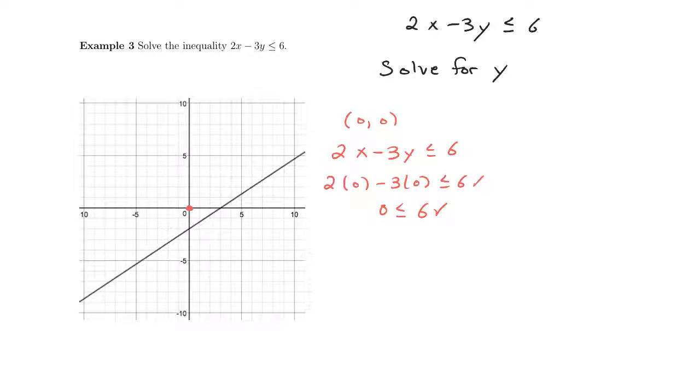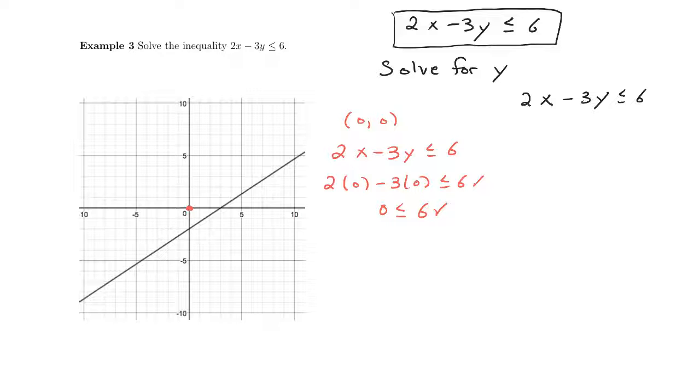If you wanted to take the approach of actually solving for y to see why this is true, let's see what happens. So again, I'm going to go back up to my original expression, and I want to solve this for y. So I'll put this off to the side, but I have 2x minus 3y is less than or equal to 6. I think first I'll subtract 2x from both sides.